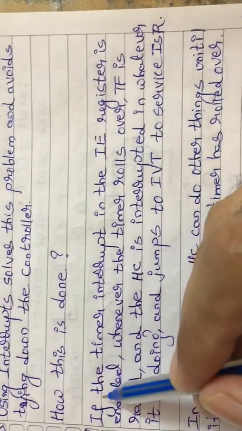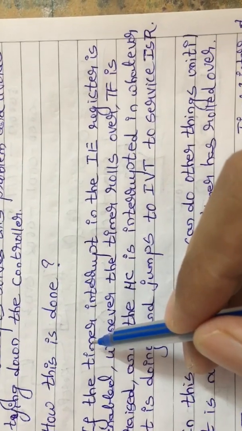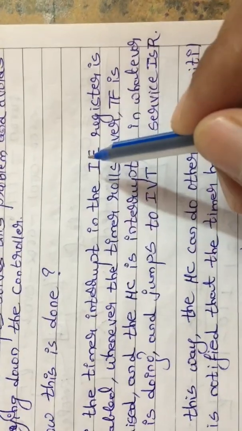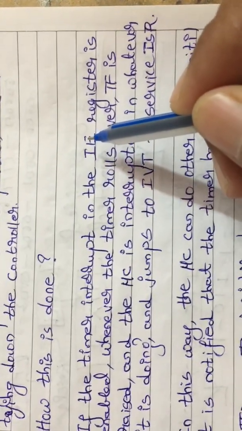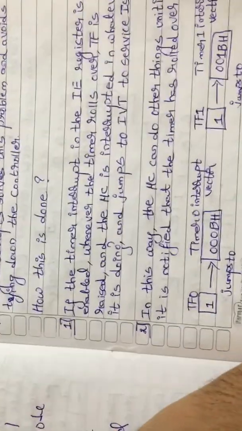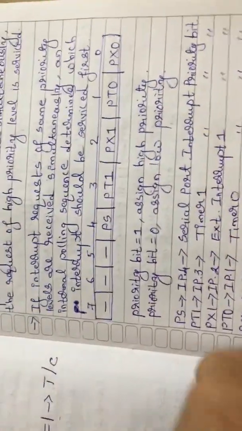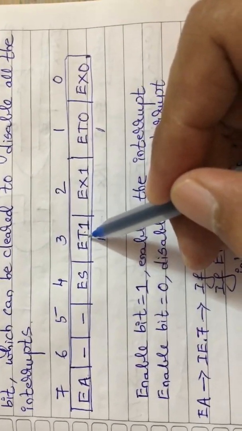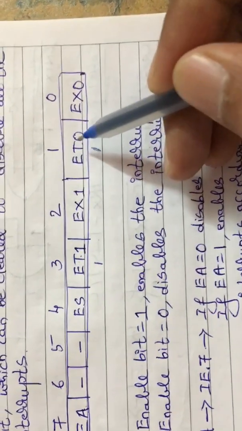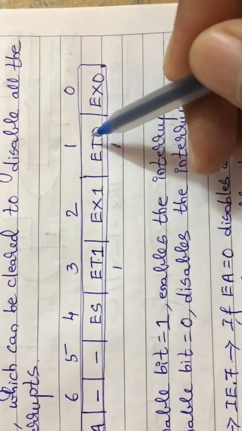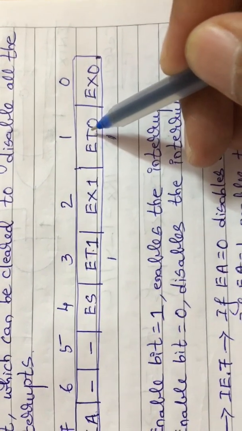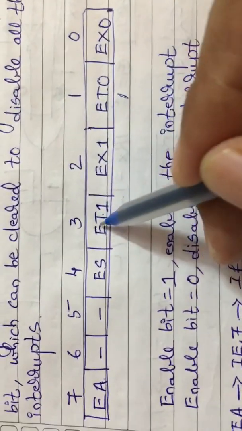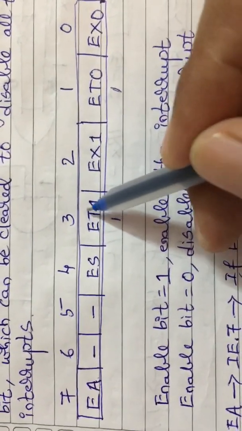The meaning is, first we have to make the timer interrupt bit in the IE register equal to 1. Here we have a timer bit, T1 or T0. If you are using the timer 0 interrupt, we need to make that bit 1; if you are using the timer 1 interrupt, we make that bit 1.